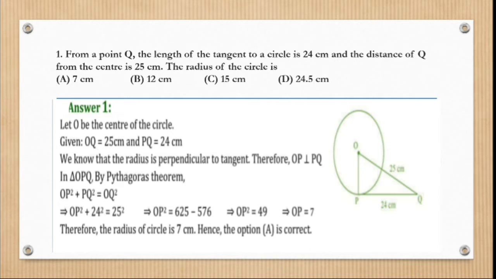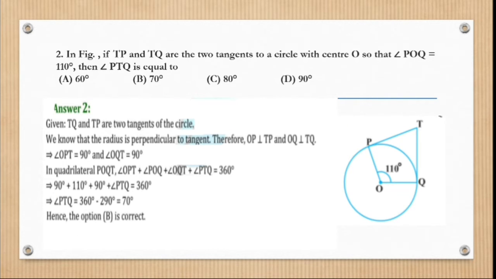Now we'll discuss the next question. Question number 2 is: in the figure, if TP and TQ are two tangents to a circle with center O, so that angle POQ is 110 degree, then find the measurement of angle PTQ. 4 options are given, you have to choose the correct answer.